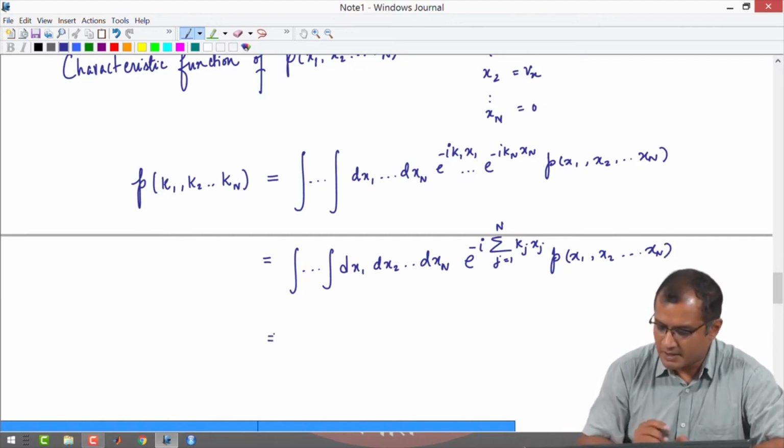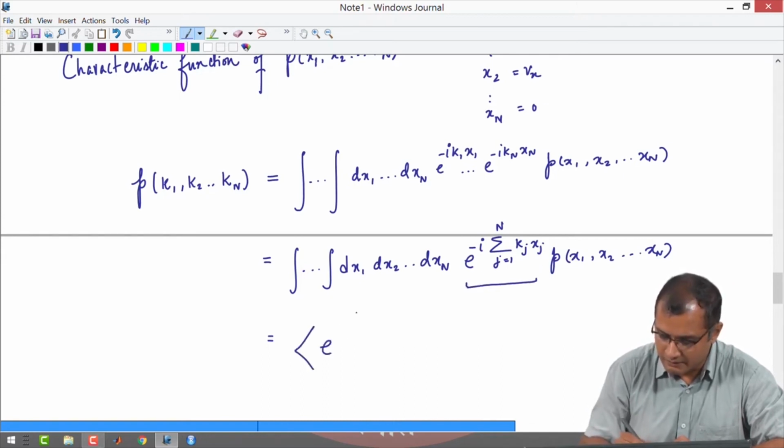And this is nothing but the expectation value of the function here, which is e to the power minus i summation j going from 1 to n of kj xj.